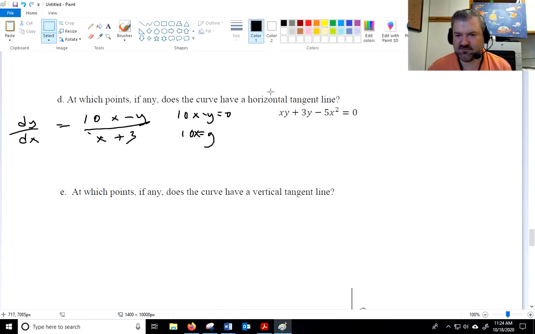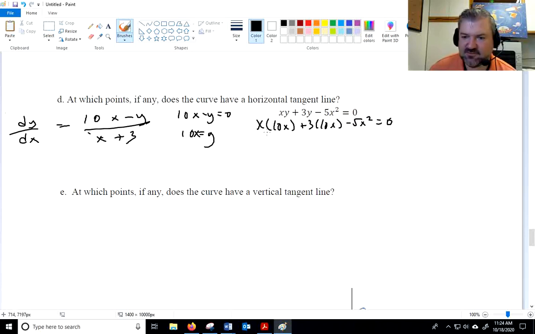All right, so let's do this. Maybe this won't be too bad. So this becomes x times 10x plus 3 times 10x minus 5x squared equals 0. So that becomes 10x squared plus 30x minus 5x squared equals 0.